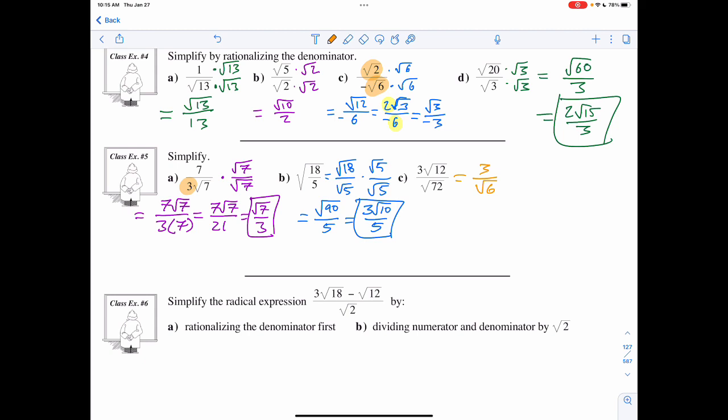And this is a much easier one to simplify. Then I can multiply the top and the bottom by root 6. And that's going to give me 3 root 6 over 6. And 3 over 6 is the same as 1 over 2, so root 6 over 2.